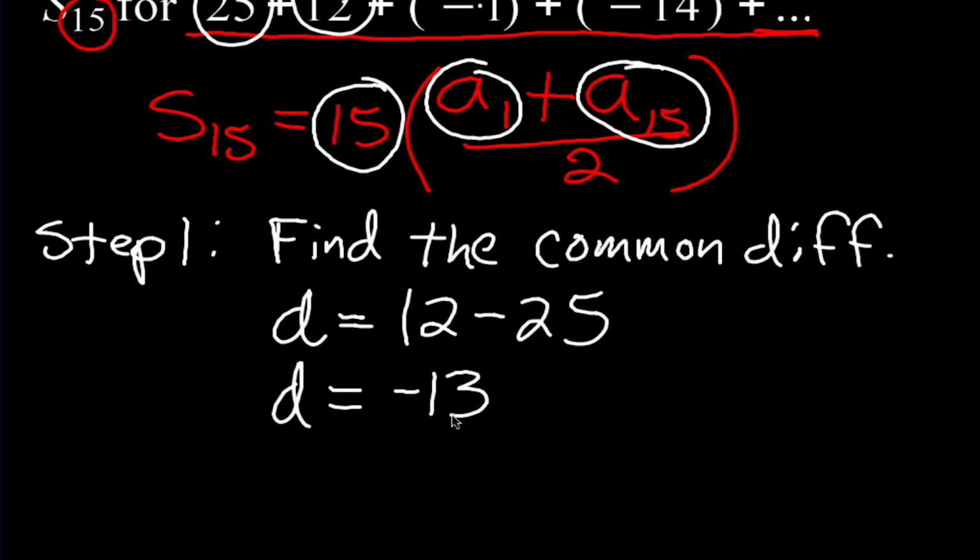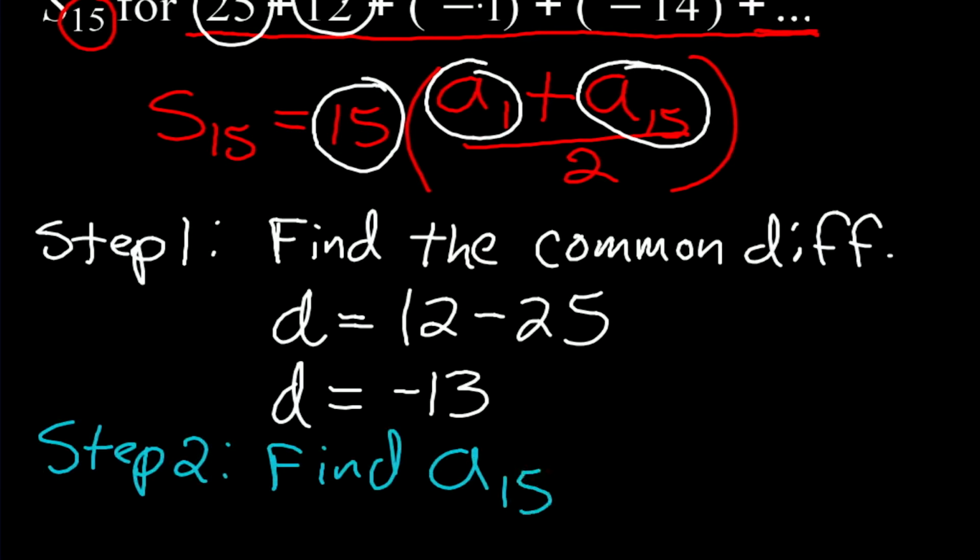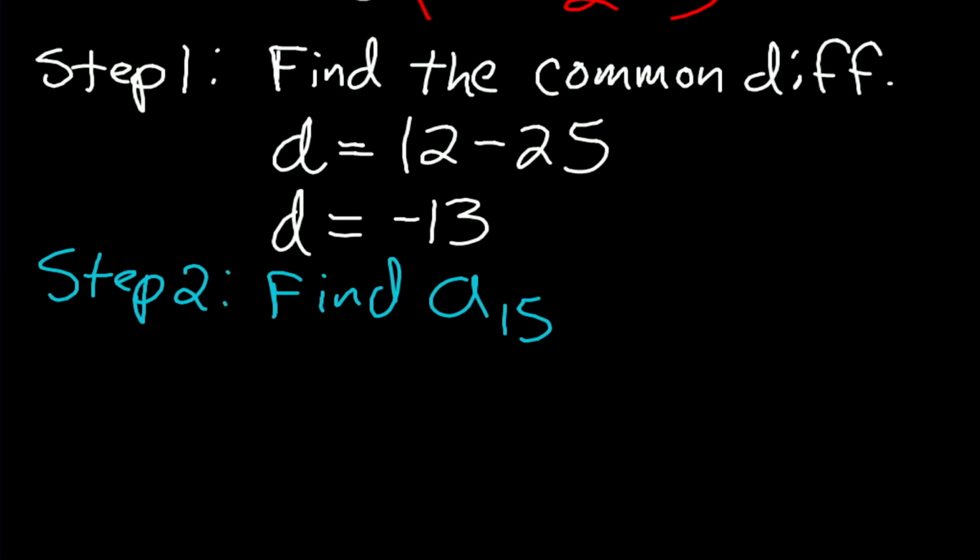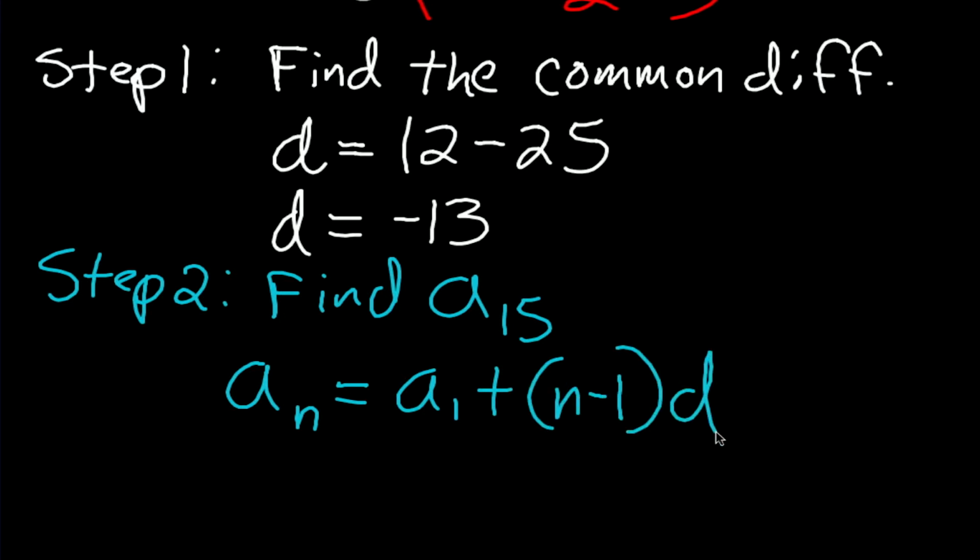Now let's go to the second step, step 2. I want to find a sub 15, the 15th term of this series. So to do that, I go back to my general rule. a sub n is equal to a sub 1 plus n minus 1 times my common difference, d.